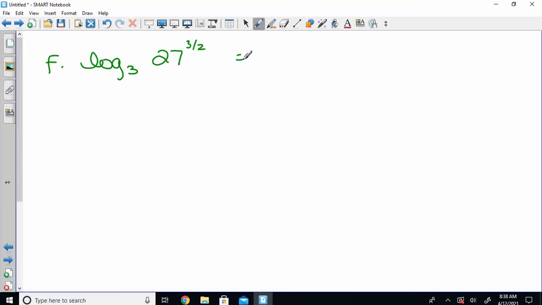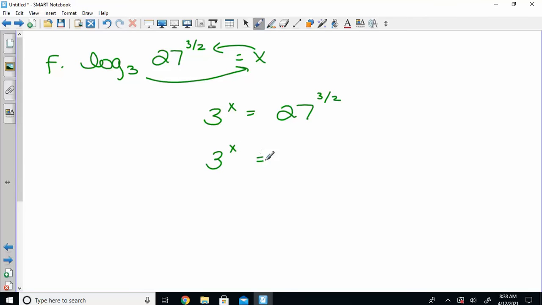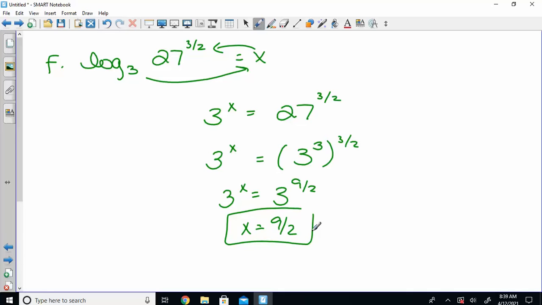So if you get stuck, you could always set this equal to x and work it out, saying 3 to the x equals 27 to the 3/2. If we got a common base, 27 is 3 to the 3rd. Power to a power, you multiply. So we get 9/2.